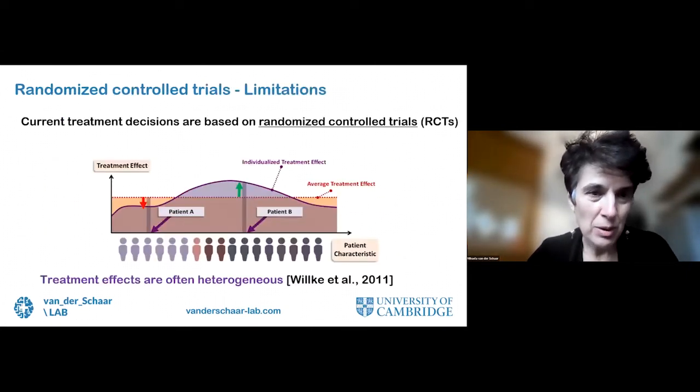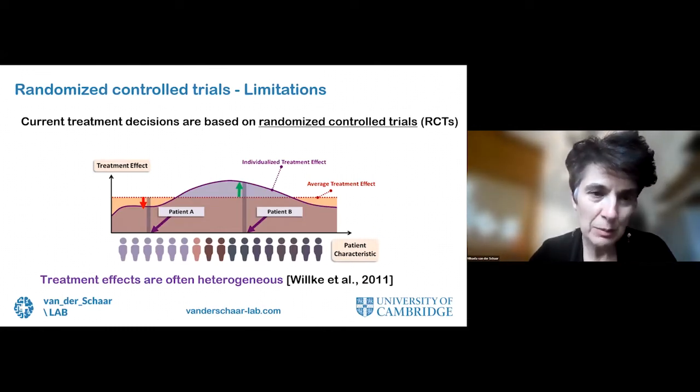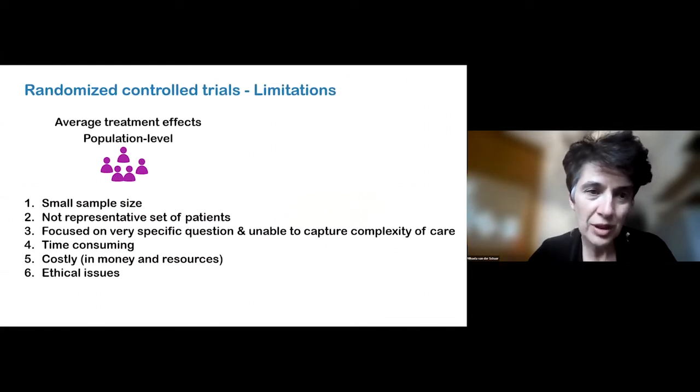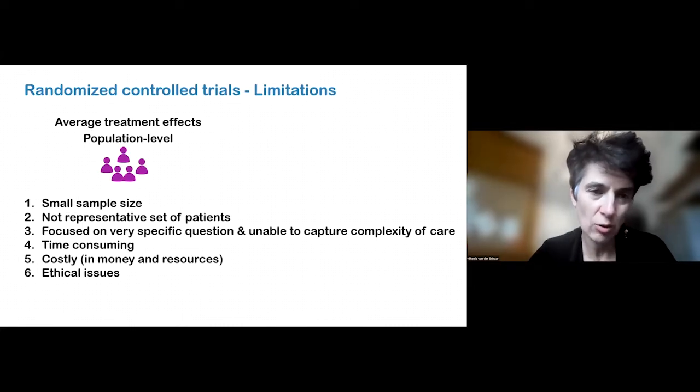At this stage, you may wonder whether randomized controlled trials, which are the golden standard, could be a solution to this problem. But as we know, treatment effects are often heterogeneous, and they vary across the different patients. In fact, randomized controlled trials are not able to solve this particular problem because they are small sample size. They are not representative in terms of the patients that they enrolled.